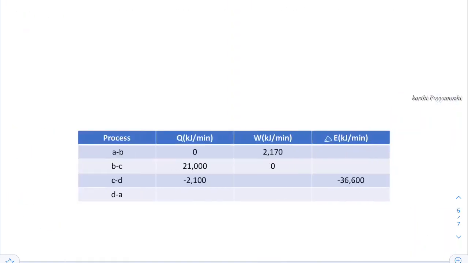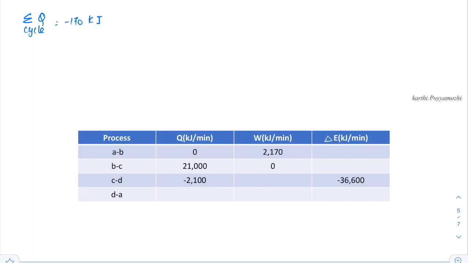Summation of Q for the cycle is equal to minus 170 kilojoule.